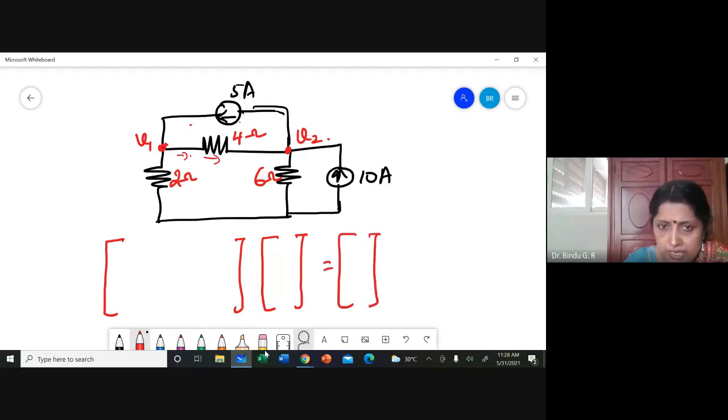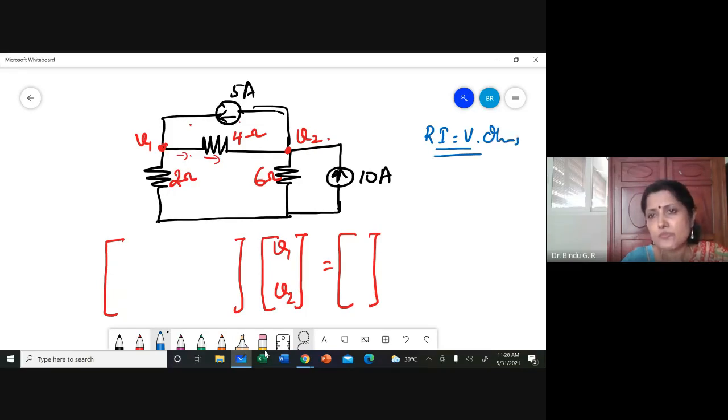So in mesh current analysis, we had I1, I2 here. I am writing V1, V2 here. One more thing that you have to remember is in mesh current analysis, what you were doing was resistance into current is equal to voltage. That is Ohm's law, V is equal to IR.